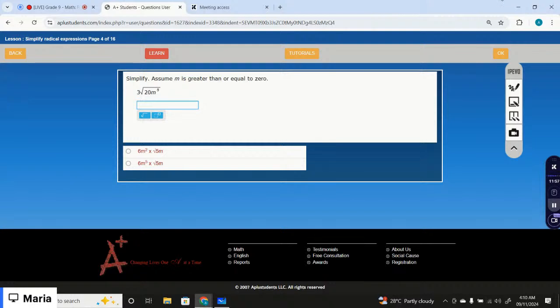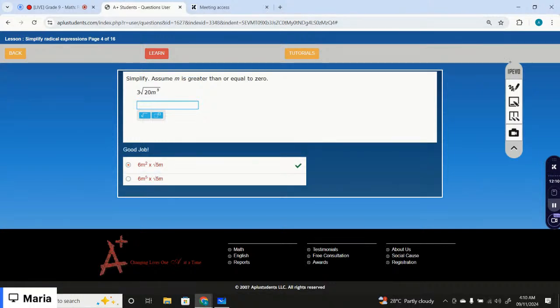That is 6m square and square root 5m. The correct option is option number 1. That is 6m square and square root 5m.